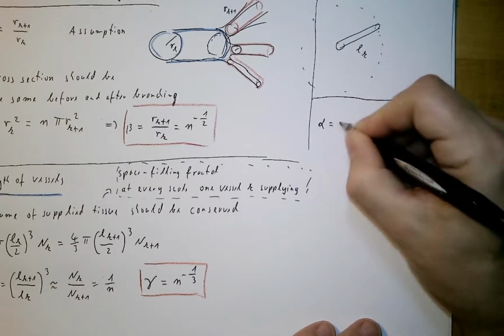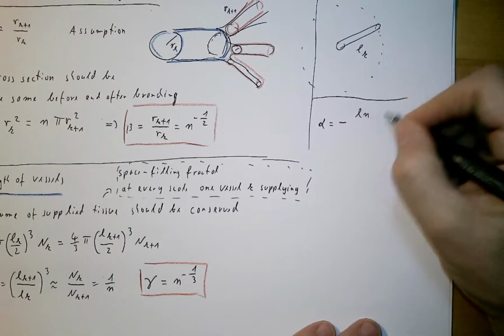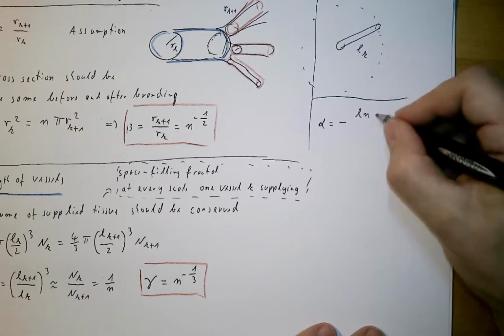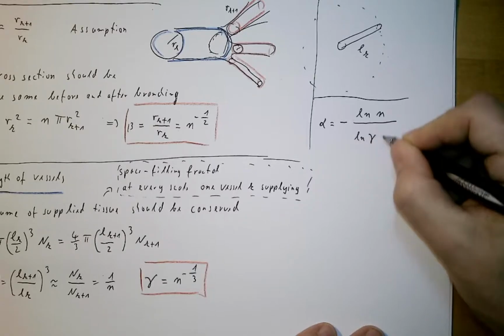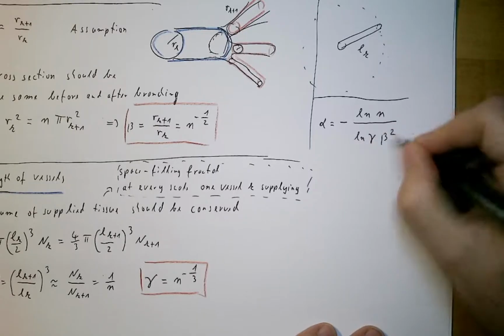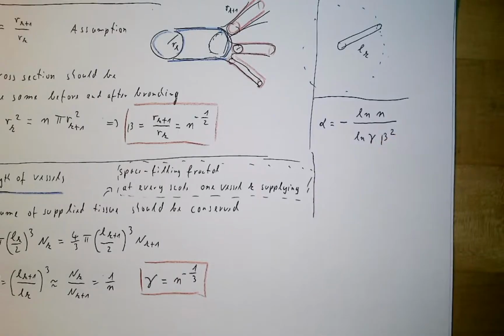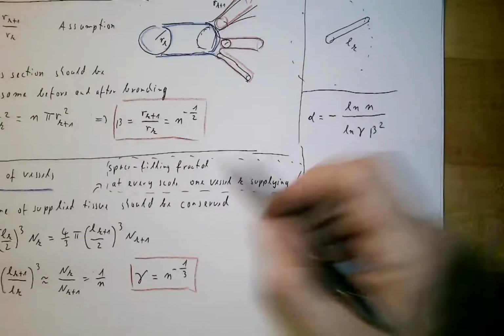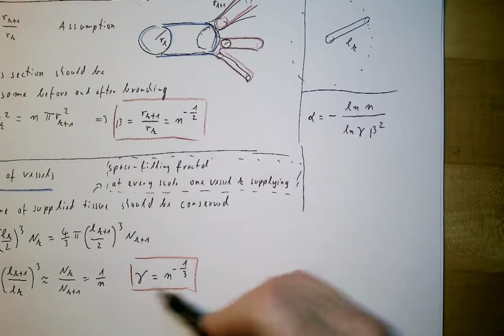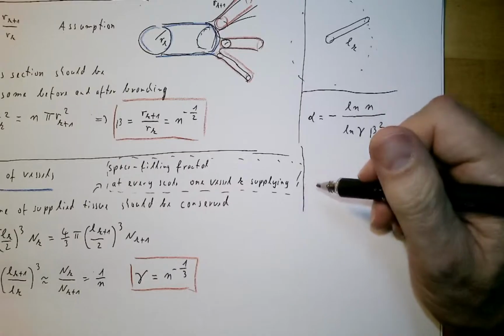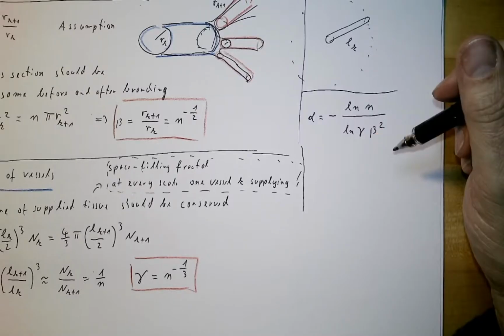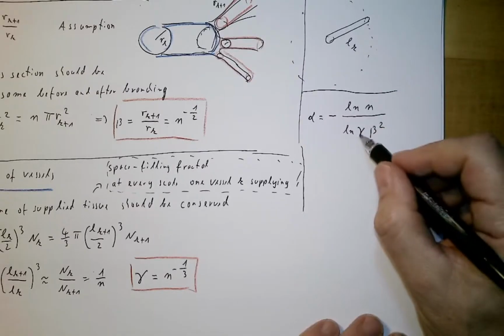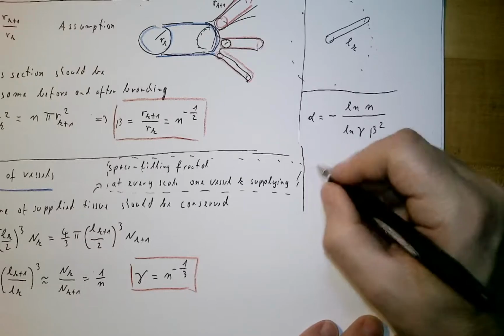Alpha was minus logarithm of n divided by logarithm of gamma beta squared. And now what did we do? We related beta to n and gamma to n. Maybe let's first calculate gamma beta squared.